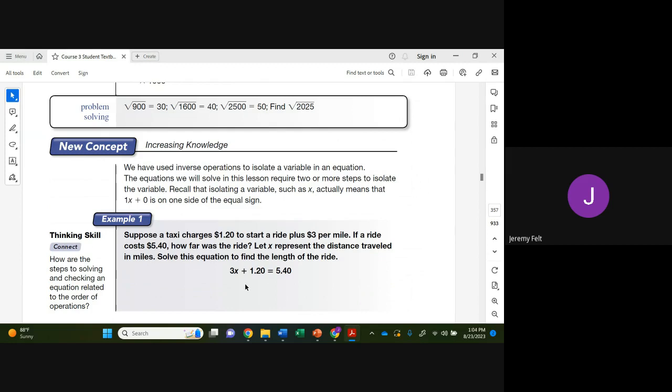When we're solving for an unknown or solving for a variable, we think inverse operations. So I'm adding 1.20, so I need to subtract 1.20 from both sides.